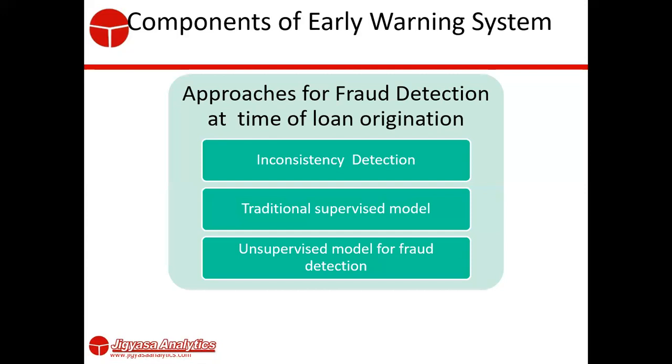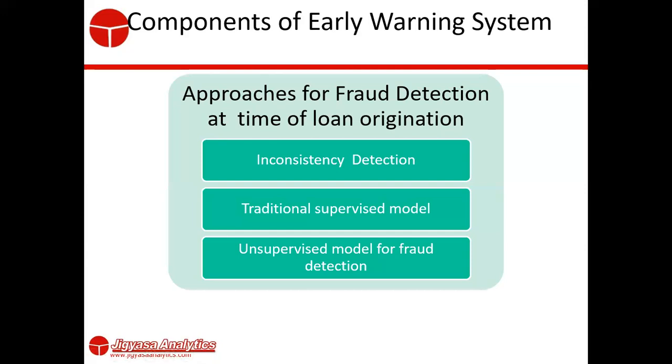Components of early warning system, approaches to fraud detection at the time of loan origination. Basically, there are three components, all of which should be used in conjunction, if possible. Okay.